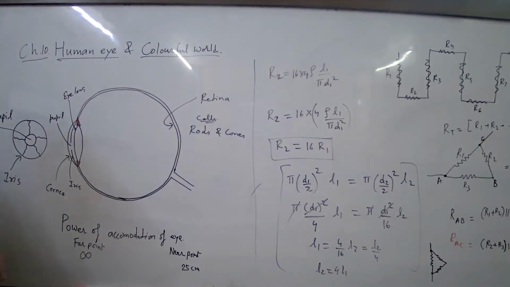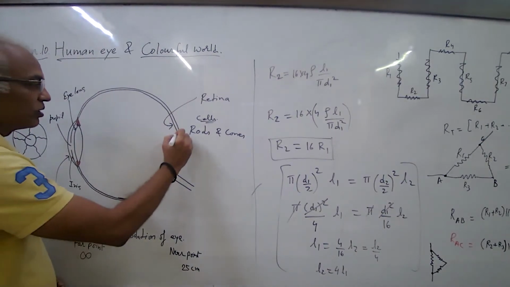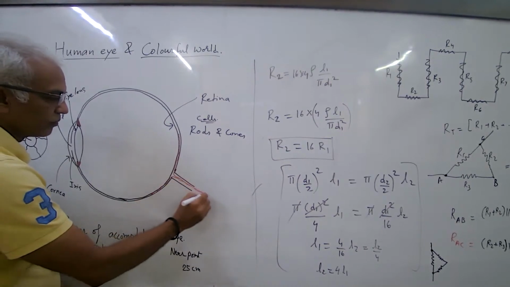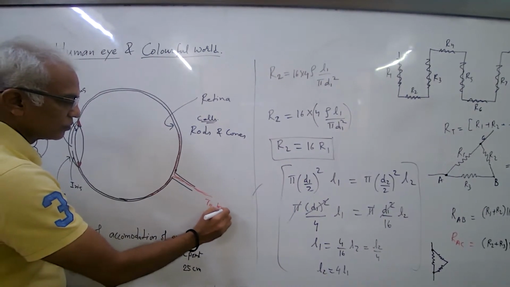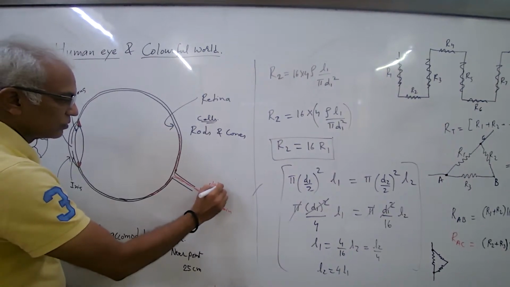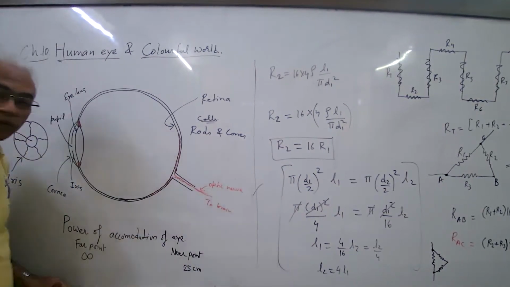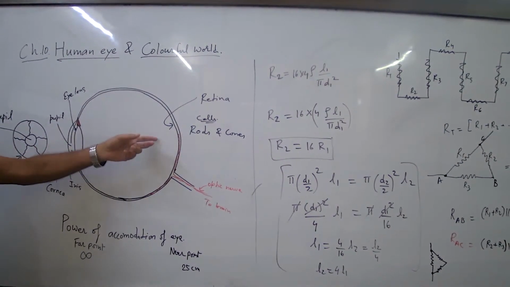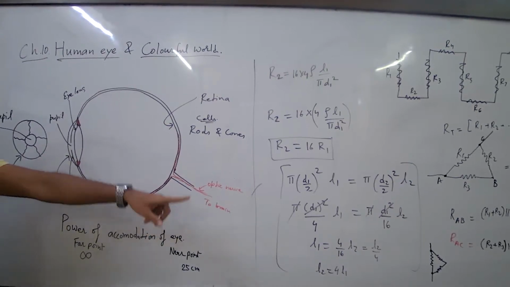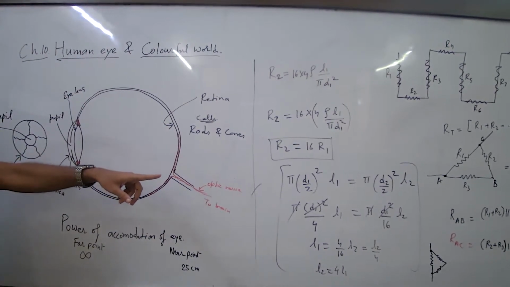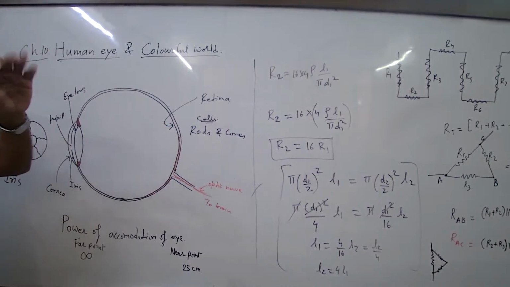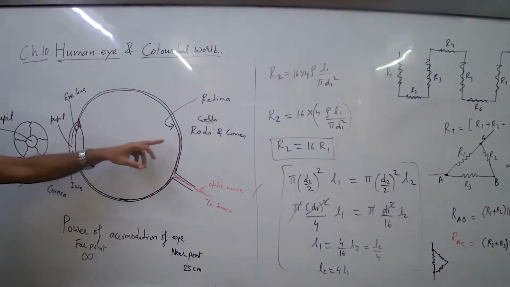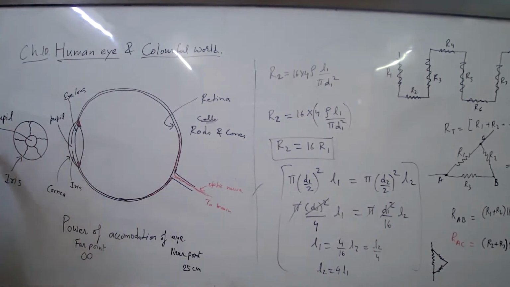Those electrical signals are then carried by what is called the optic nerve to the brain. So these cells convert the optical information into electrical signals and send them to the brain via the optic nerve. Then the brain differentiates what the object is. It makes sense out of the data which reaches the brain.